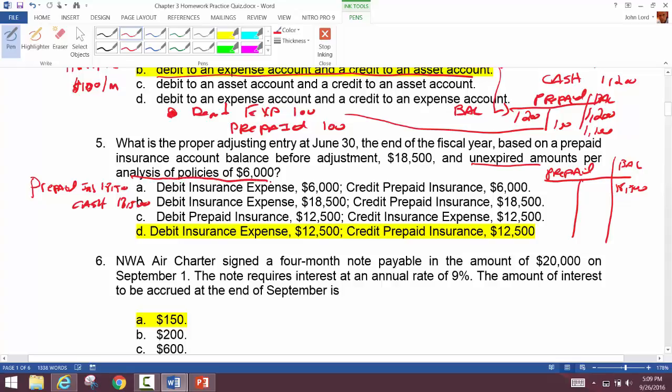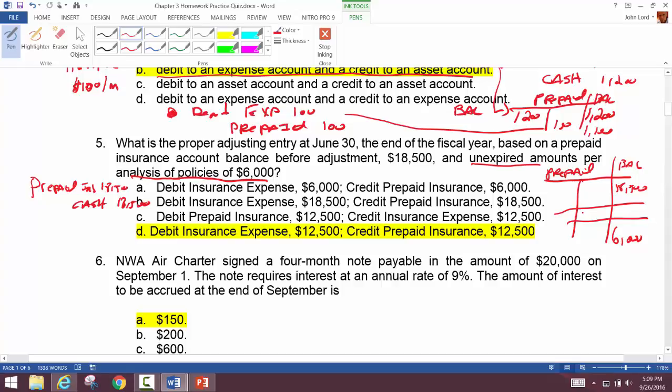Well, that's like the apples. I had 18,500 apples, and there's only 6,000 apples left, the amounts that haven't expired yet, right? What happens when your insurance premium expires? You have to buy more insurance, don't you? But right now they're going to have a little bit left over, so they won't have to buy any more. But we have to recognize that some has expired, haven't we? So if there's supposed to be an ending balance in here of 6,000, and we're sitting here at 18,500, how do you get from 18,500 down to 6,000?